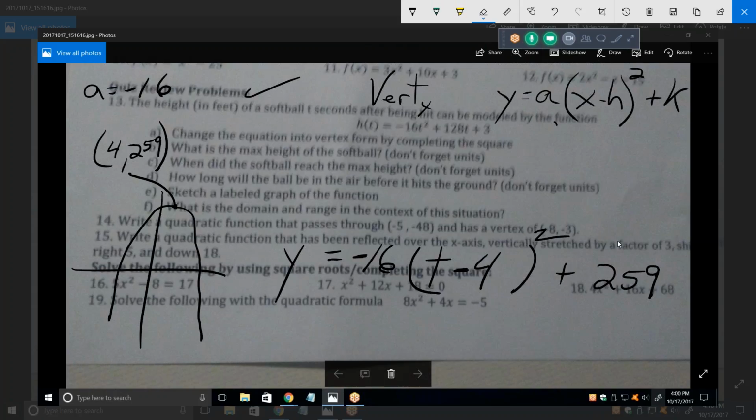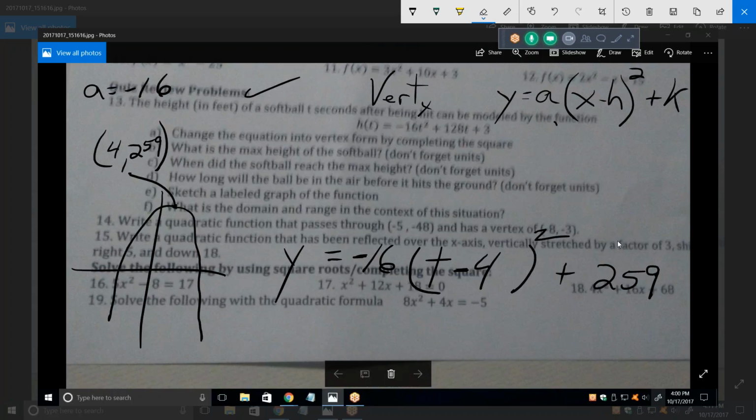What's the maximum height of the softball? 259 feet. Correct. When did the softball reach the maximum height? After 4 seconds. How long will the ball be in the air before it hits the ground? 4 seconds?